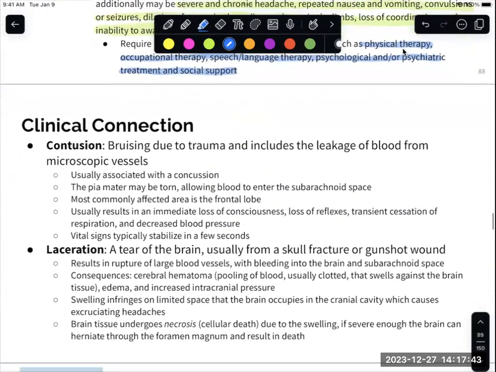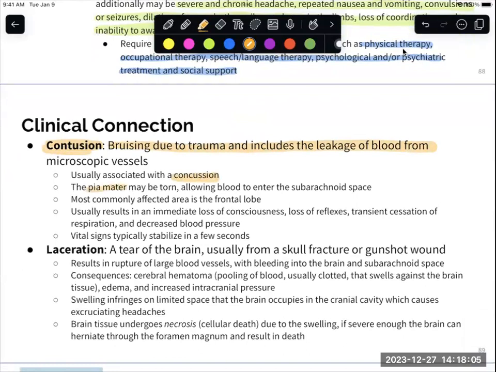A contusion. A contusion is bruising due to trauma, where blood leaks from these microscopic vessels. It's usually associated with a concussion.